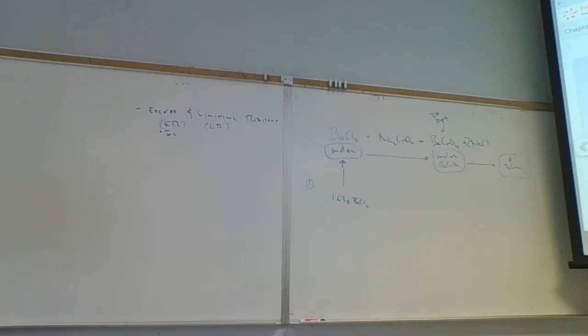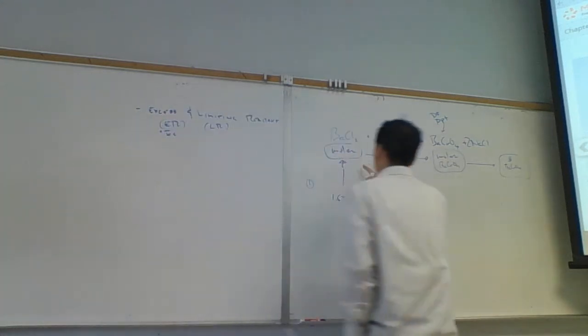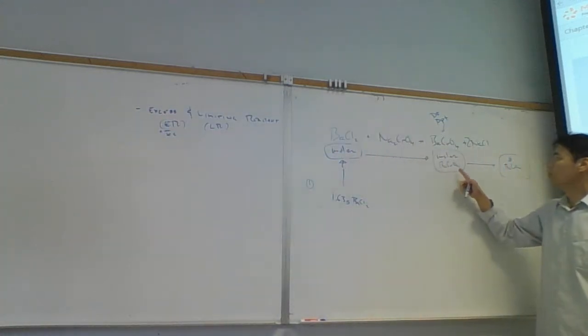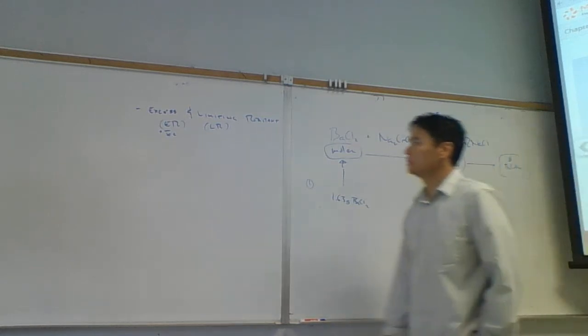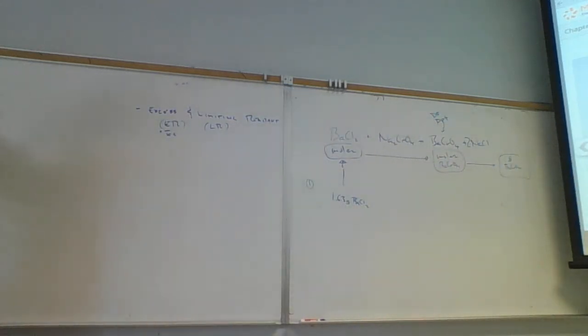That leaves us with moles of barium chloride. And then for every mole of barium chloride, we're going to form 1 mole of barium chromate. So it's a 1-to-1 mole ratio. 1 mole of barium chromate forms for every 1 mole of barium chloride. And then we need the molar mass of barium chromate.